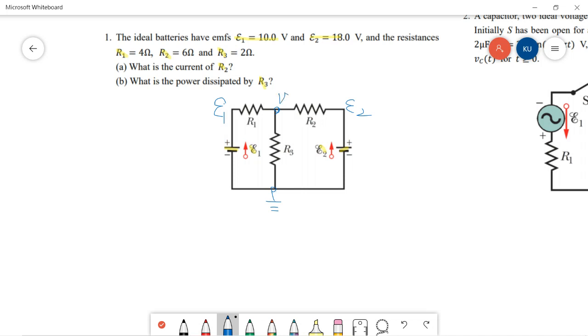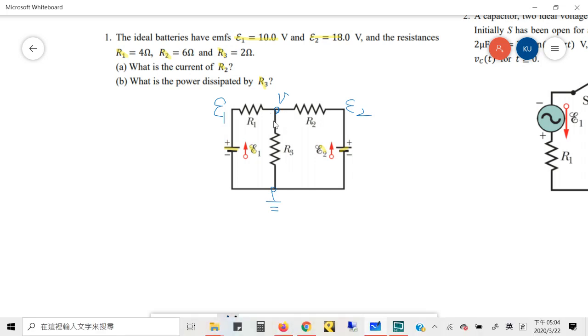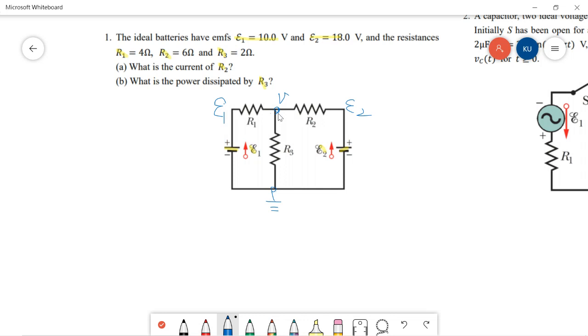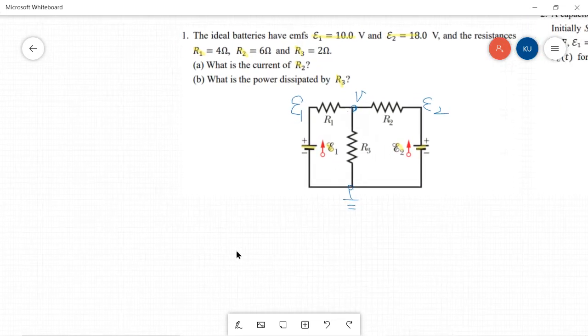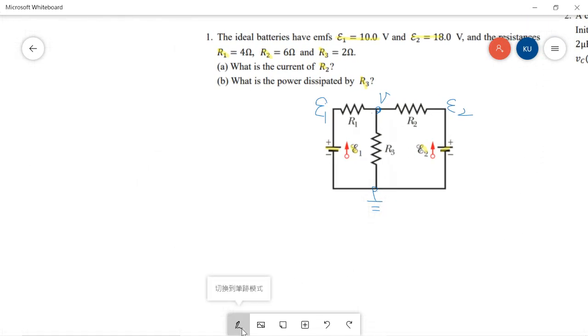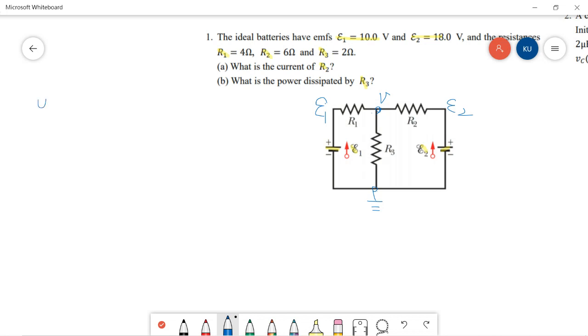Let's call it V. So we can apply KCL at this node, so that we can write it like this: V minus E1 over R1 plus V over R3 plus V minus E2 over R2.